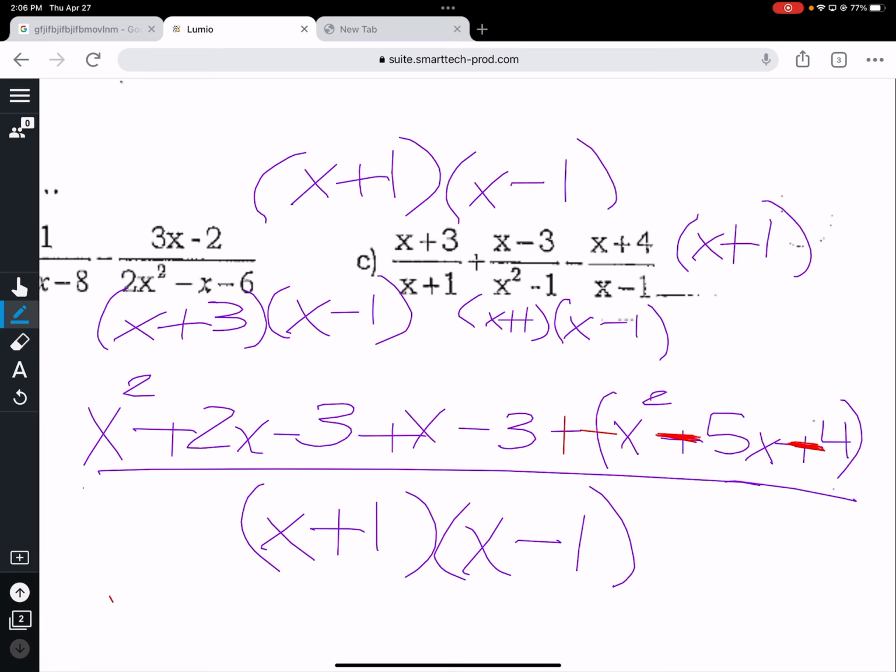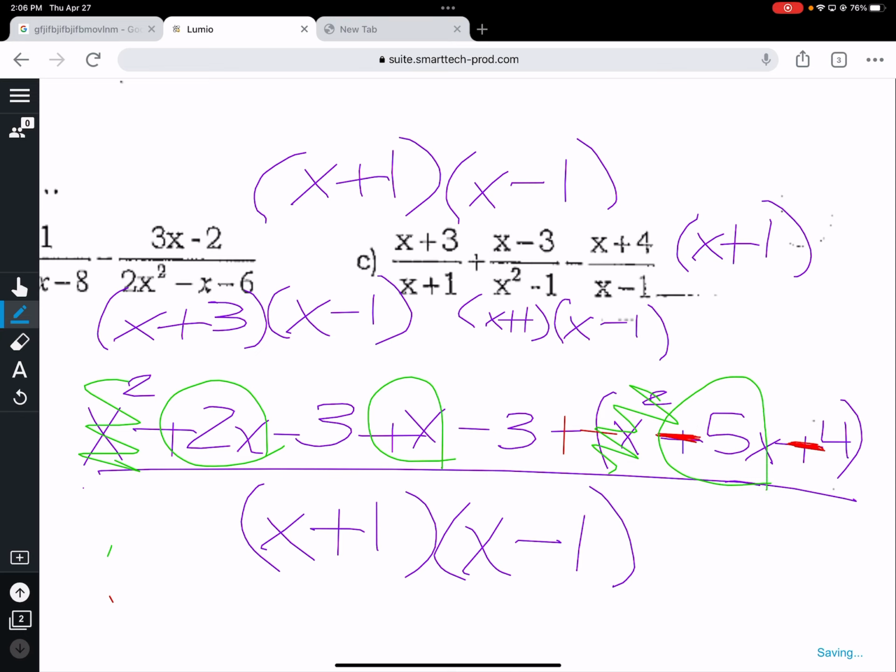So, again, let's combine now our numerators. What about our x squareds? They become 0. They cancel out. What would be next? Negative 3x. Negative 2x, yes, because there's another x here, and then there's a 5x.